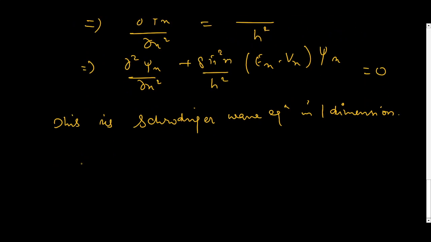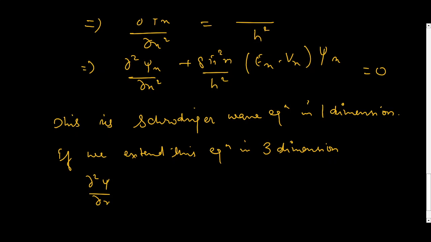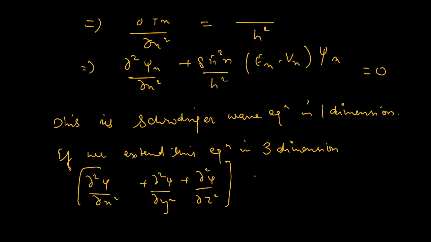Now if we extend this equation to 3 dimensions, we get dou square xi upon dou x square plus dou square xi upon dou y square plus dou square xi upon dou z square plus 8 pi square m upon h square into E minus V xi is equal to 0.